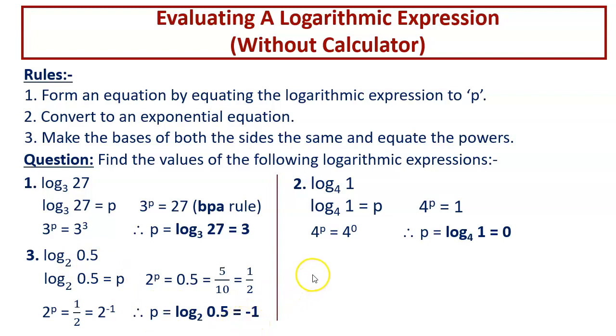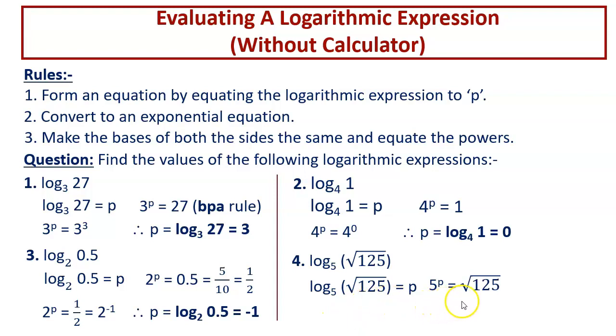Okay. Coming to question number 4. Log of square root of 125 to the base 5. This should be equal to p, and then we will be converting this to an exponential equation. It becomes 5 raised to the power of p is equal to square root of 125.